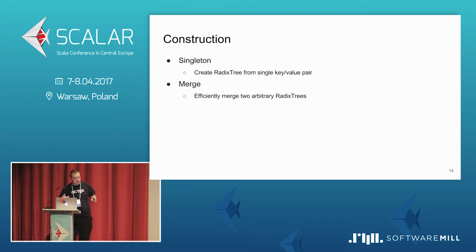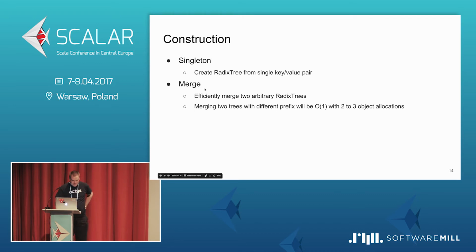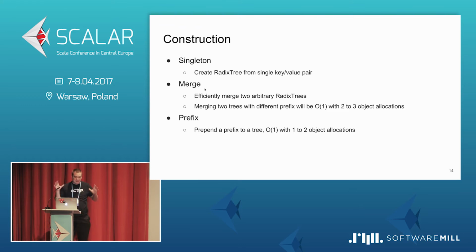So, for example, if the two trees don't have any common prefix, the merge will be just adding a single node on top of both of them, because they're completely separate. Yes, like I said, I care about object allocations, so I count them. And then there's a method prefix, which allows you to take an existing tree and add a prefix to all keys.